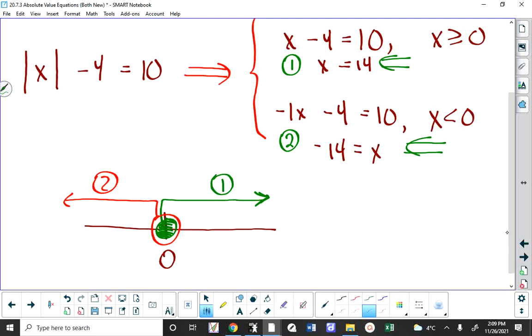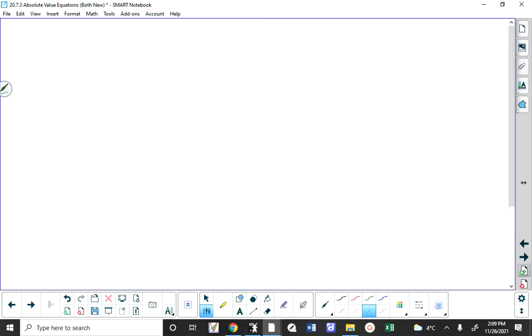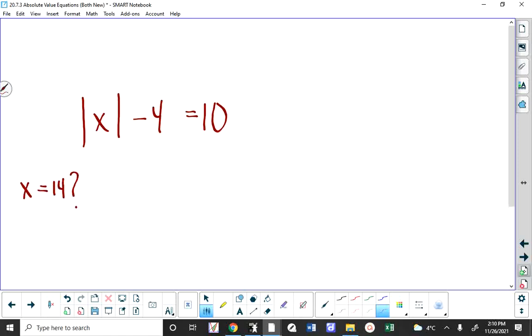If we wanted to check them either instead or as well as looking at the domains, then we would look at the original equation, which is the absolute value of x minus 4 equals 10, and check when we put in, for example, x equals 14. What do we get? We get the absolute value of 14 minus 4. Well, that's 14 minus 4, which is 10.